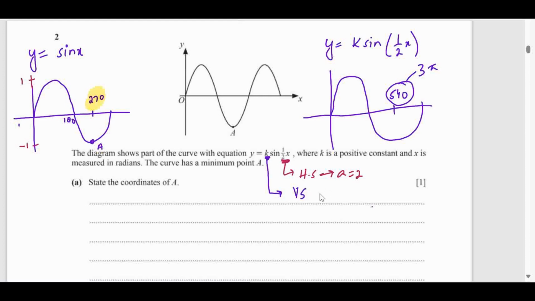Vertical stretch and the stretch factor is k, which means we need to multiply this minus 1 with k. This point is A, so this point will now be equal to minus k. I hope the concept is clear. So we can conclude that the x coordinate will be 3 pi and the y coordinate will be minus k. These will be the coordinates of A.